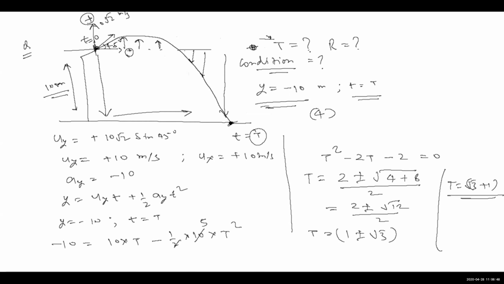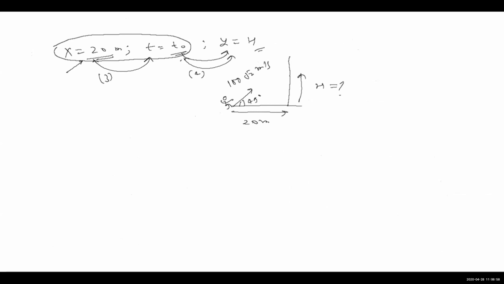So from there we got the time, and by using the time, we calculated the displacement along x-axis. This question is reversed to the previous question. This time, when the collision will happen, we know how much displacement along x-axis is going to be. We get the time using the x-axis, and then we use this time to calculate the displacement along the y-axis.